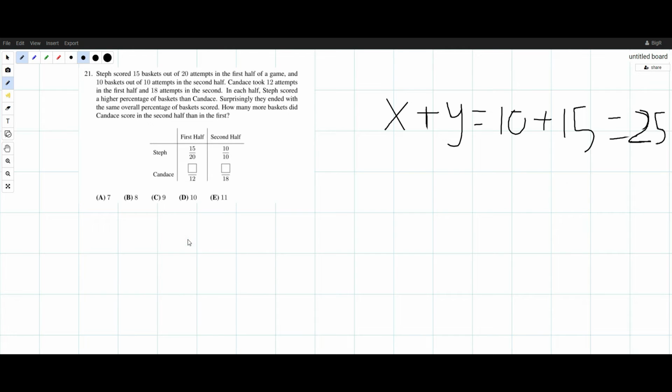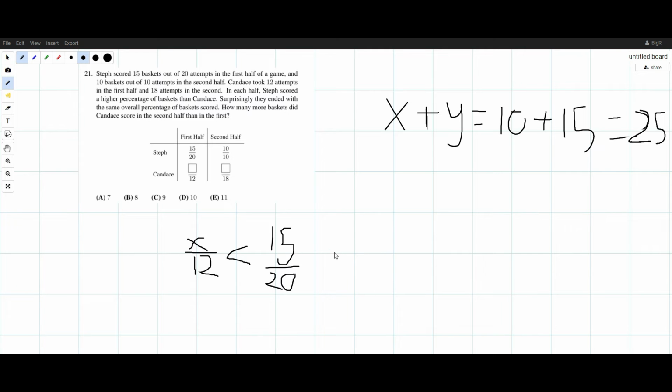So let's have it written out. x over 12 is less than 15 over 20.